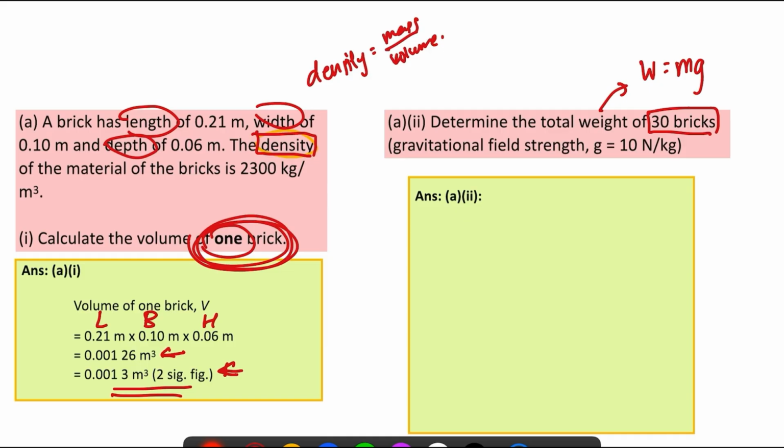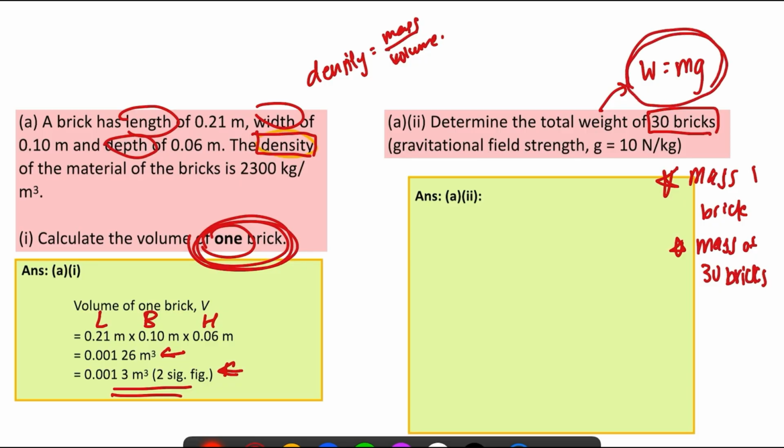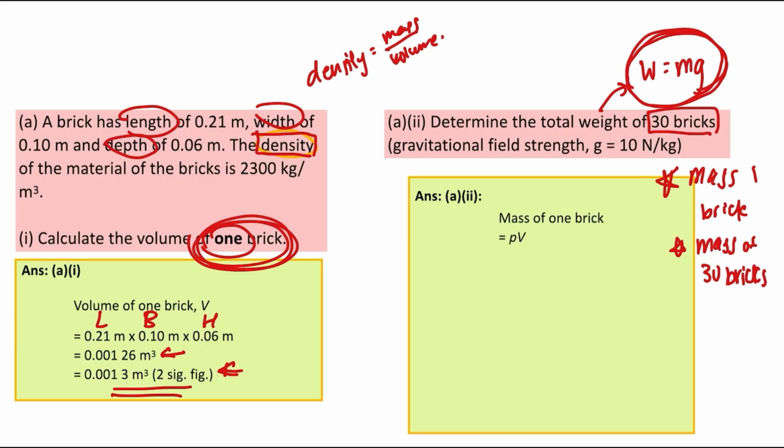Density equals to mass over volume, so you will be able to find the mass of one brick. After that, multiply by 30 to get the mass of 30 bricks. Once you have mass, you can apply it into the formula W equals to mg. Then we can find the weight of 30 bricks. So let's see the answer.